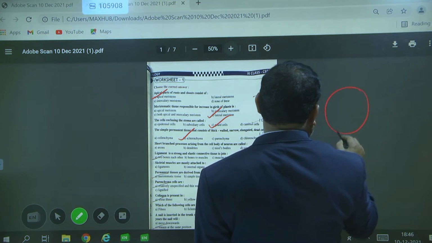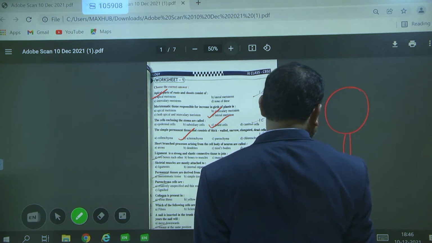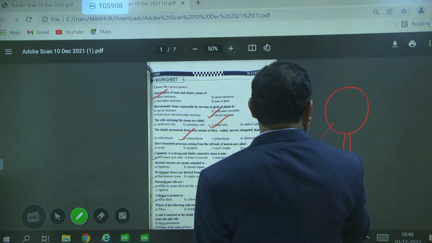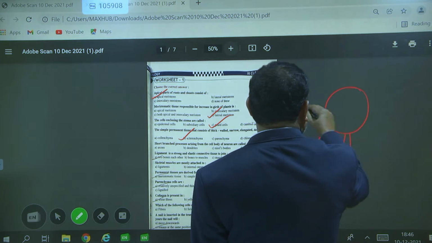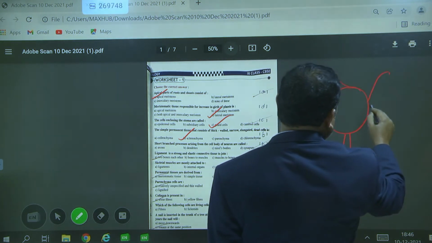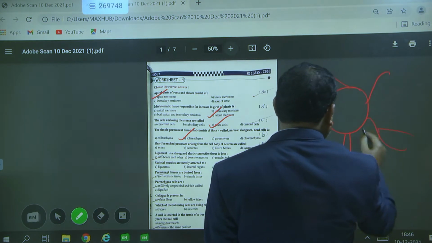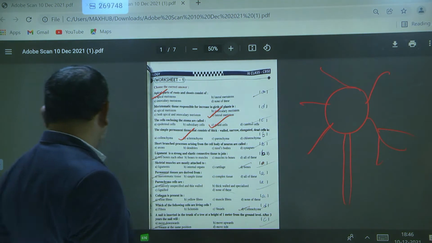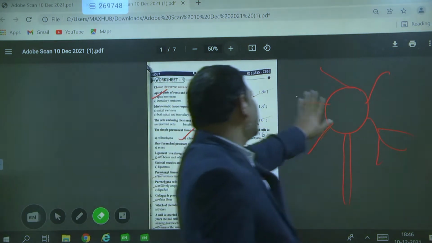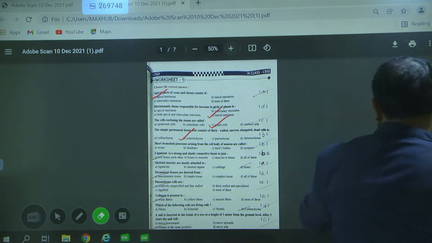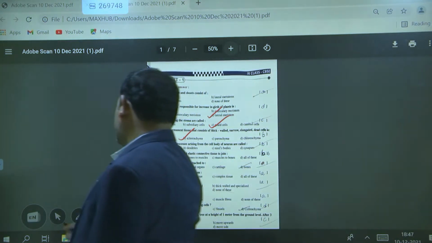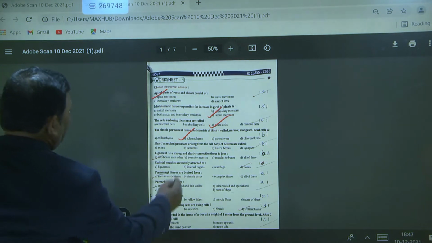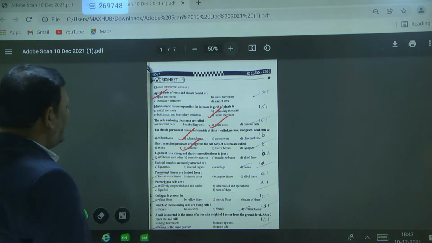Dendrites. Actually you can see this. These are the branch-like structures arising from the cell body. These are called dendrites. So dendrites is the correct answer.